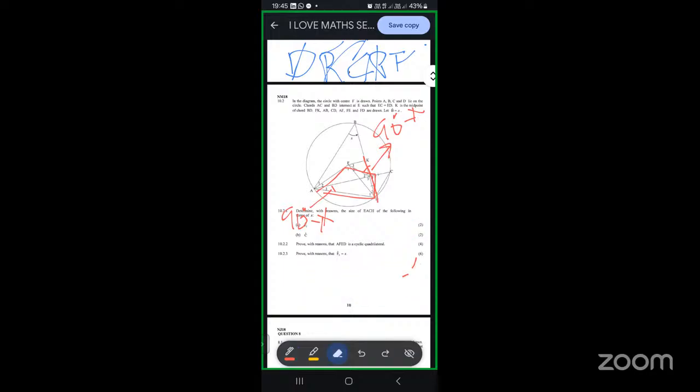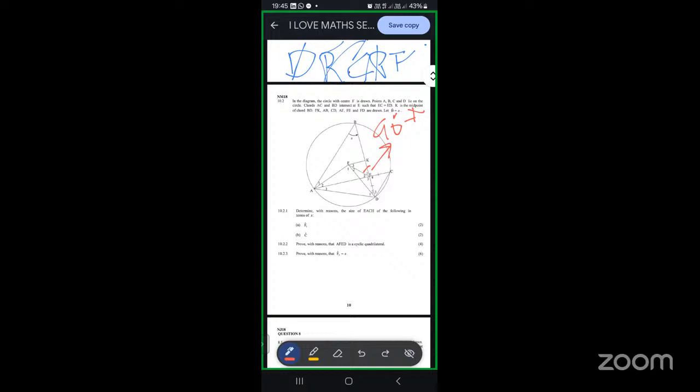Now, let me also erase this quad here. It causes some mess. And then that angle E1 is 90 minus x. We were also given that K is the midpoint of BD.